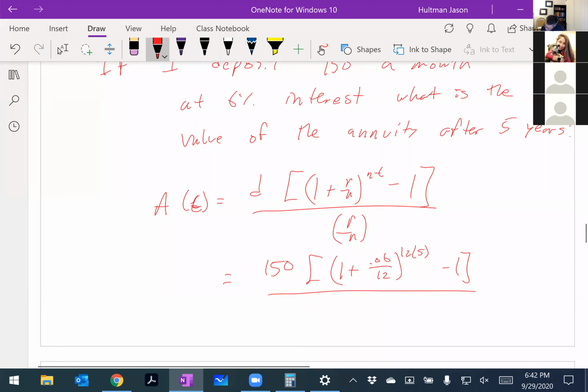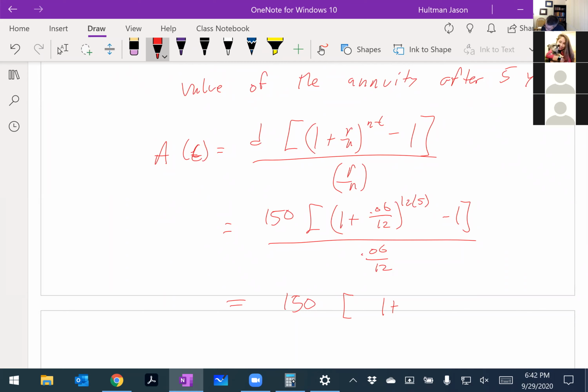Okay, so let me clean this up a little bit. This is 150 times 1.005 to the 60th power minus 1, divided by 0.005.